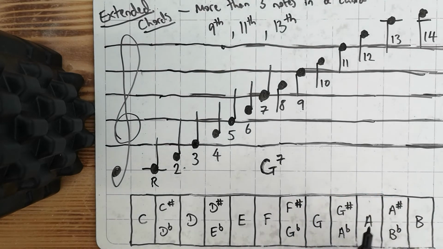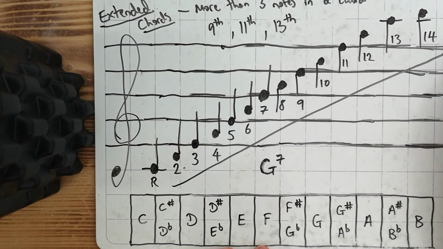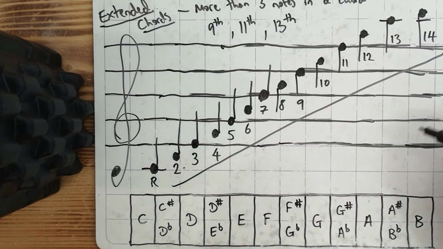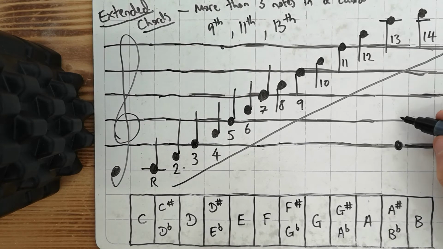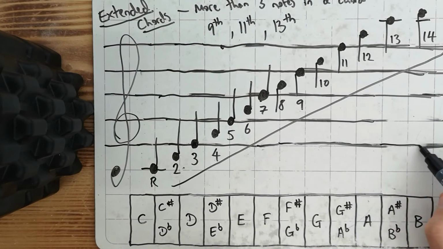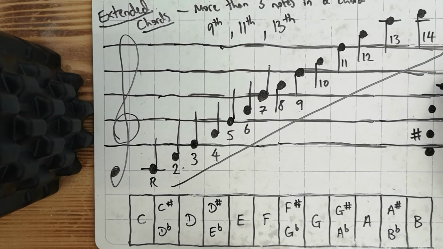Okay, so let's say, for example, forget all of this, I'm just going to draw a line going up like that. Okay, it's not a straight bar line, but it's just to separate that from this. Let's say I had D, F sharp, A, and C. Well, I know that that's a D7.